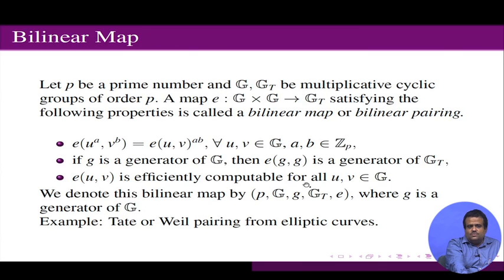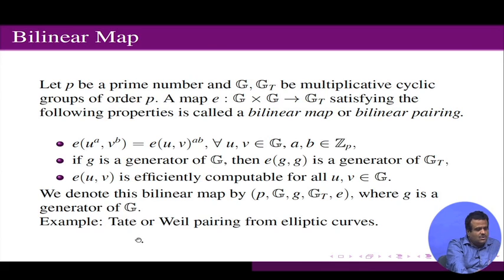That means there should exist a polynomial time algorithm to compute e(g, g), so there should exist a practical way to compute this e(u, v). For example, Tate pairing or Weil pairing from elliptic curves are the two basic examples of this bilinear map, but this involves algebra like the divisibility theorem.